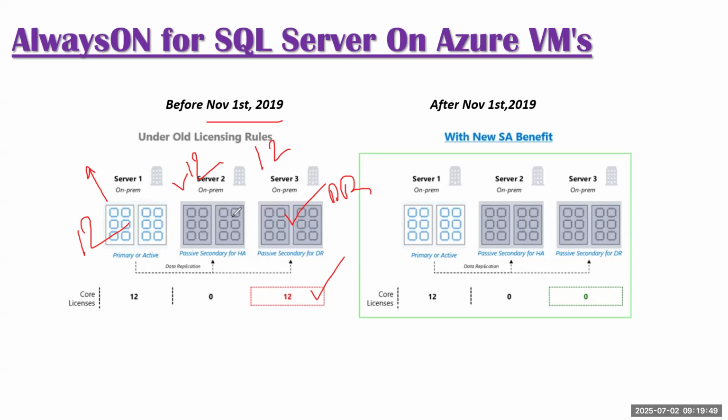Customers were overpaying, so Microsoft decided, okay, customers are overpaying. After November 1st, 2019, they came up with the concept called new software assurance benefits, especially for high availability.